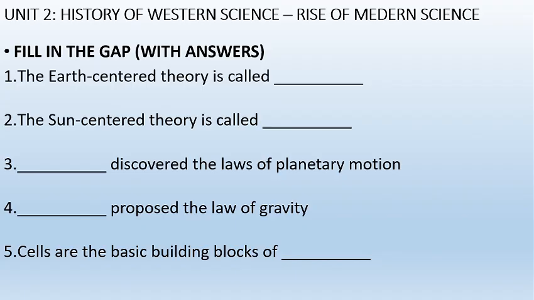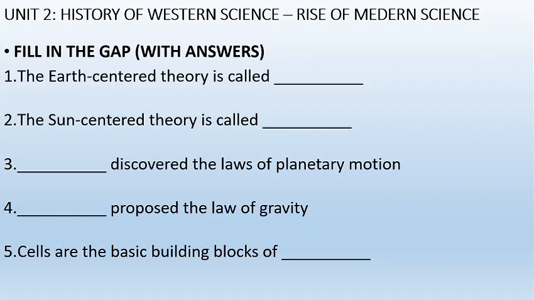So number 2, the sun-centered theory is called dash. You can answer that again. I've given us a lot of expo. I said we have two theories, geocentric and heliocentric, and we've picked one already for the earth-centered theory.